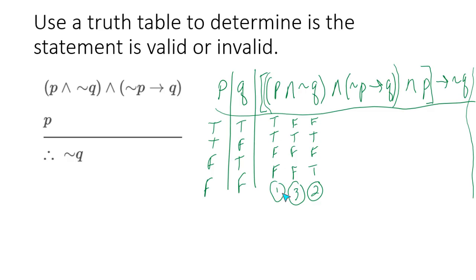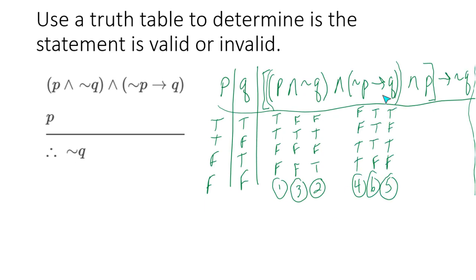So let's check the next set here. Negation P is false, false, true, true. And Q is true, false, true, false. So false and true is true. False, false is true. True, true is true. And true, false is false. So all of that is okay.